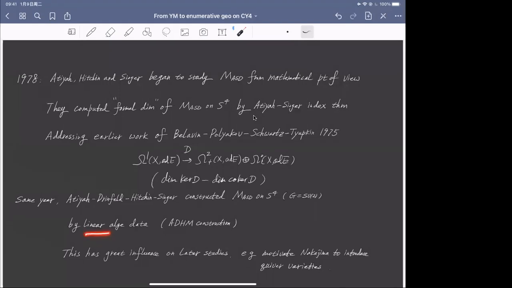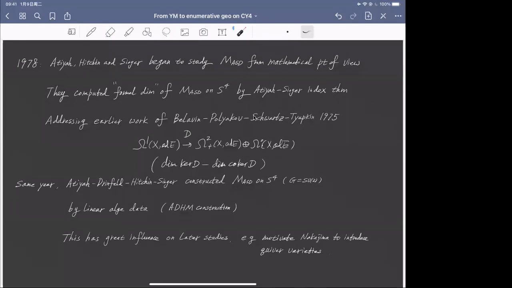This is usually referred to as the ADHM construction later in both the mathematics and physics literatures. This has a very important influence on later studies. For example, it motivated Professor Nakajima to introduce his quiver varieties, which are very important in geometric representation theory. Okay.